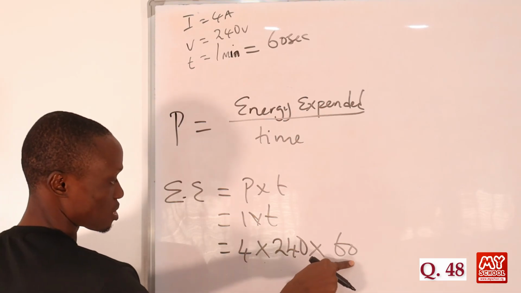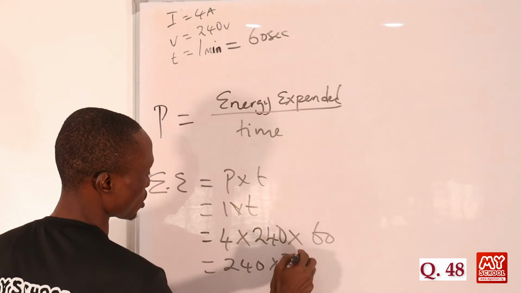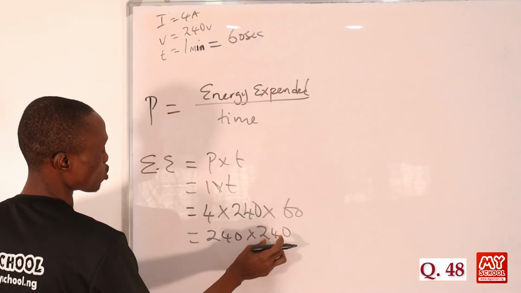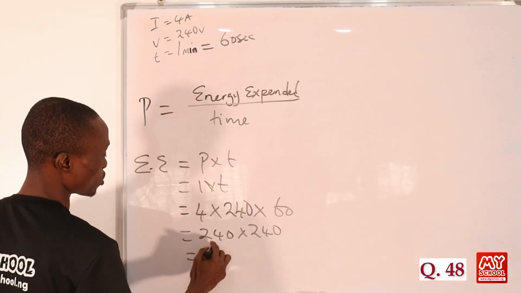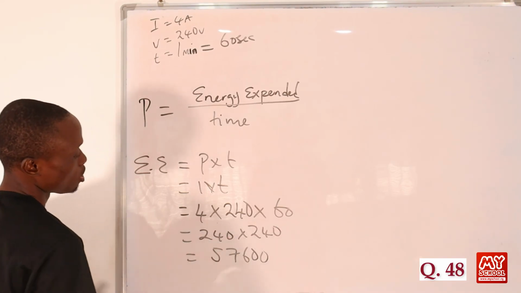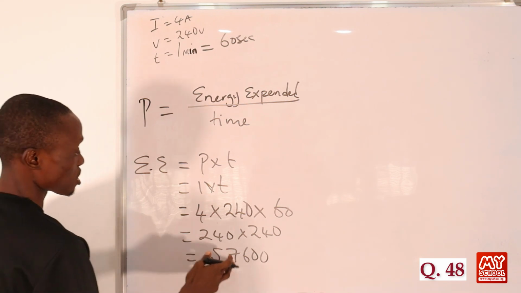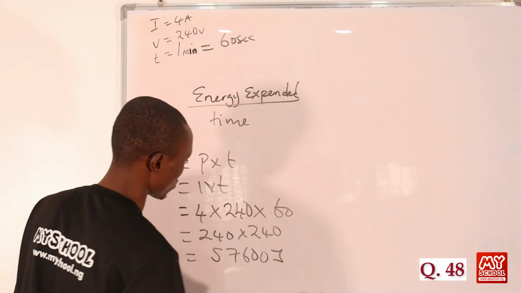So 4 times 60, that will be equal to 240, times 240. Now, 24 times 24 is 576, right? And we have 2 zeros here, so we just put them in front. So the energy consumed is equal to 57,600 joules, right?